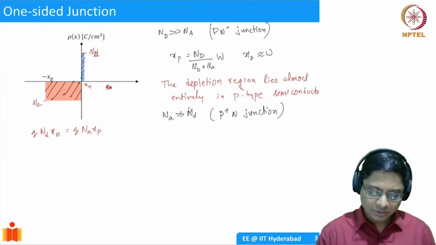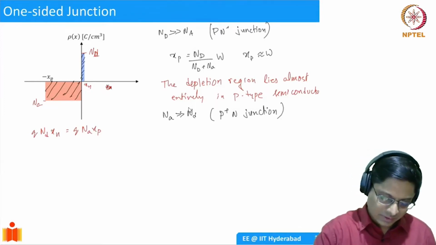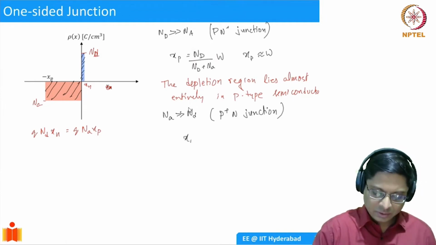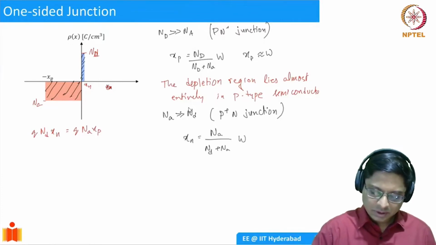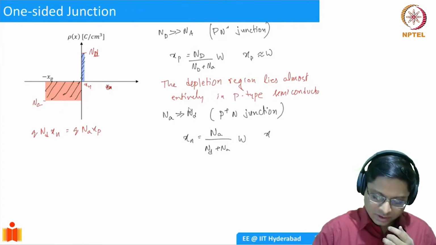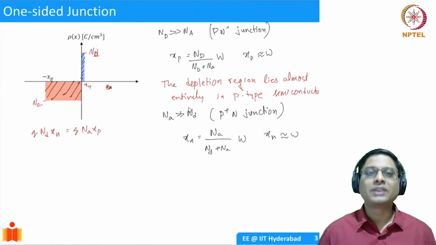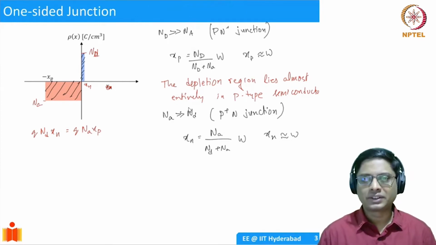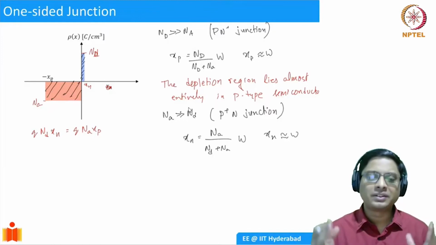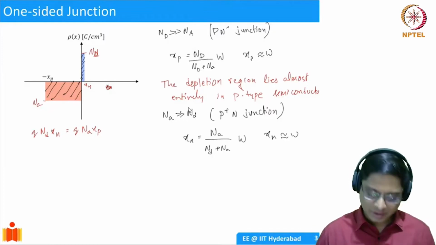In this situation, Xn is going to be Na divided by Nd plus Na, times W, so Xn will turn out to be almost equal to W. These are one-sided junctions, and they happen often in our semiconductor devices. For example, we will talk about them when we talk about MOSFETs.